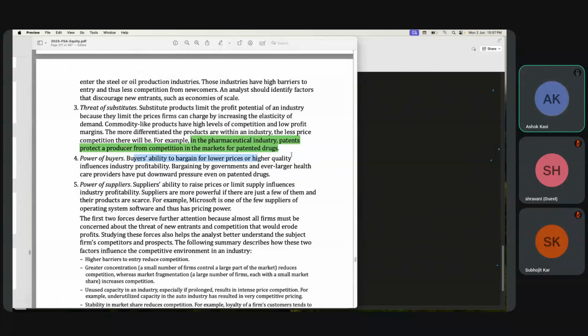Then power of suppliers. Again, power of supplier means if suppliers are available very less, then they can keep increasing the price. If suppliers are highly available, then they cannot keep increasing the price. Right? That is power of supplier.